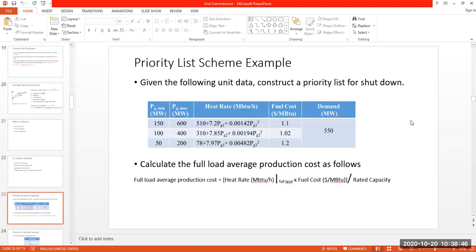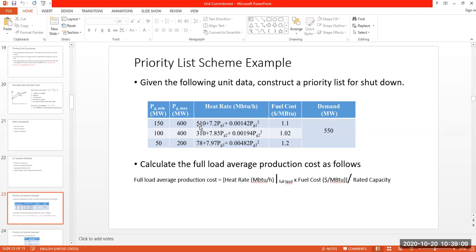So let's take one example for the priority list scheme case. Let's say we have the units. Actually, these are the same units that we took as an example earlier in the unit commitment slide. Okay, so we have again 3 units with different maximum outputs and minimum outputs.